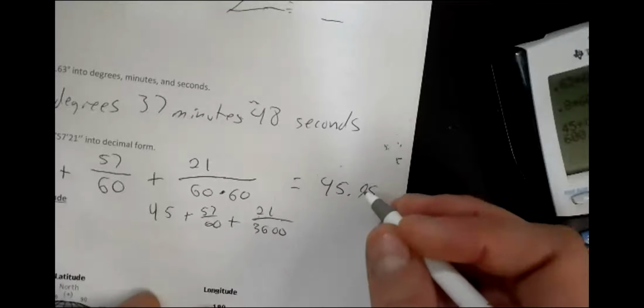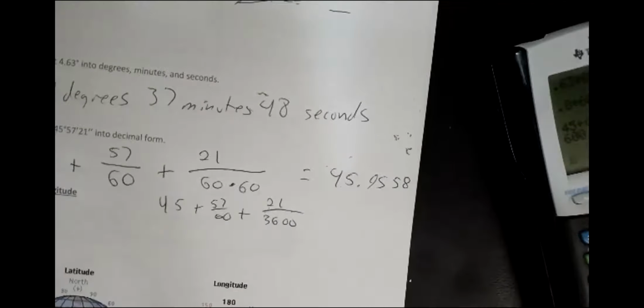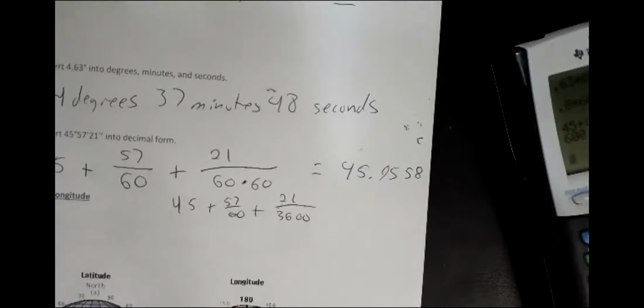I'm going to say 45.95. It's probably pretty good. And I didn't tell you how many decimals to round to, so I guess round to enough is what I'm going to say.